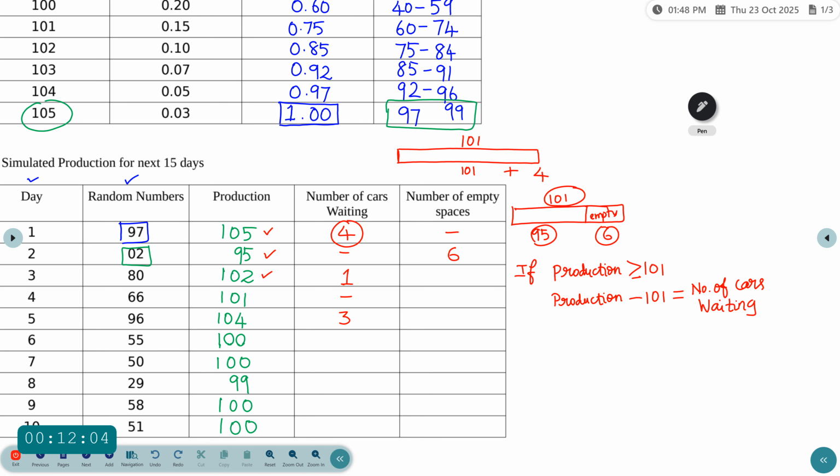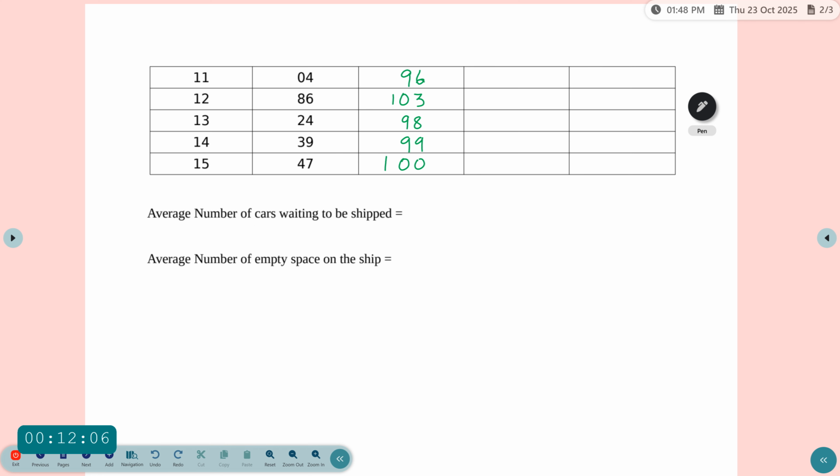For 103 minus 101, 2 cars are waiting. The other values are nil.